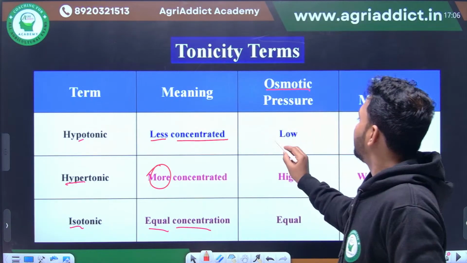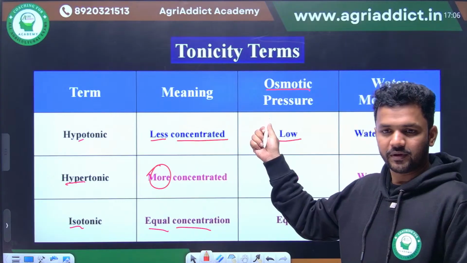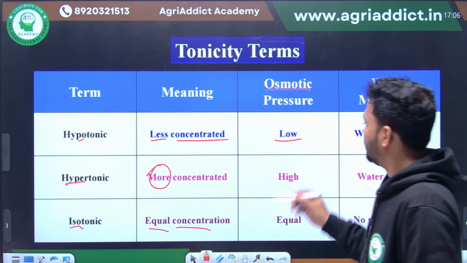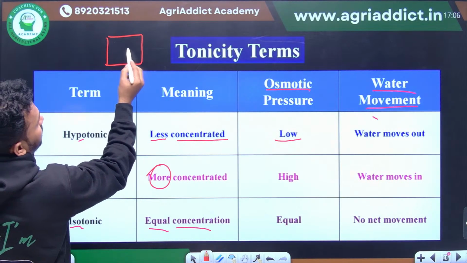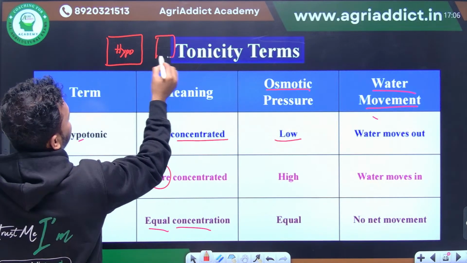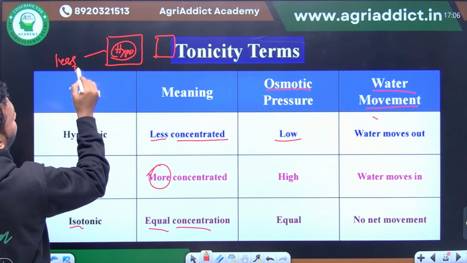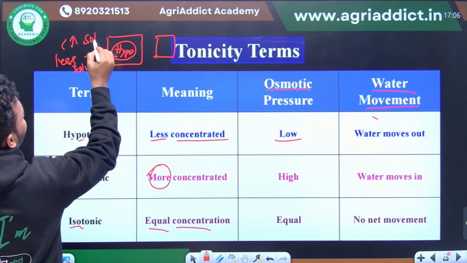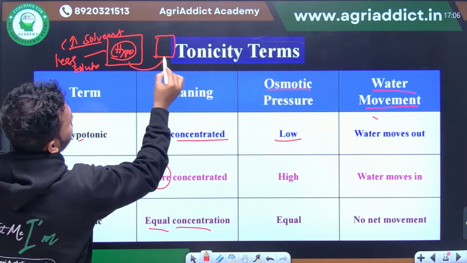If a system is hypotonic, it is less concentrated, its osmotic pressure is low, and water moves out. For example, this system is hypotonic compared to system B, meaning less solute or more solvent. So from here to here the water will move.